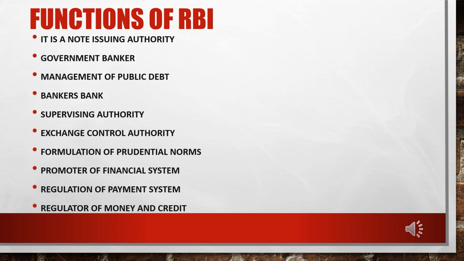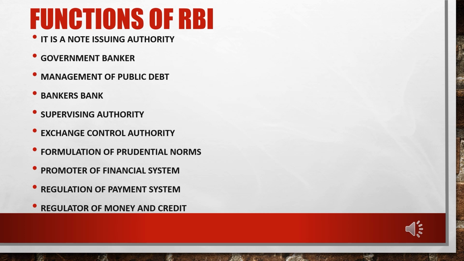What do they do? They sell bonds and they get the money, right? And whenever they try to inject money into the system, what do they do? They basically buy the bonds from the public and give them money. So either buying or selling of bonds increases or decreases the money supply, along with management of debt from different agencies.